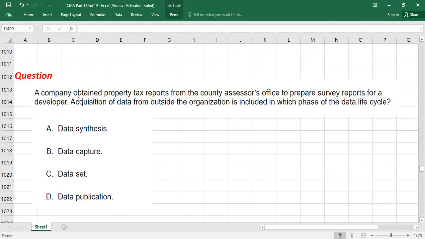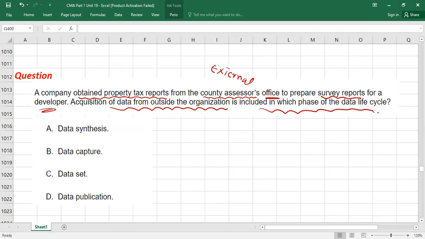Question number 2, guys. Please, you will answer this question now. A company obtained a property tax report from the county assessor's office, which means you are getting this information from outside the company, to prepare survey reports for a developer. Acquisition of data from outside the organization is included in which phase of the data lifecycle? It is data capture.